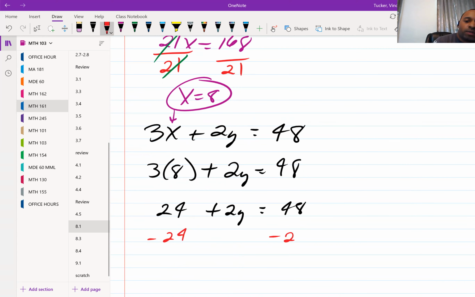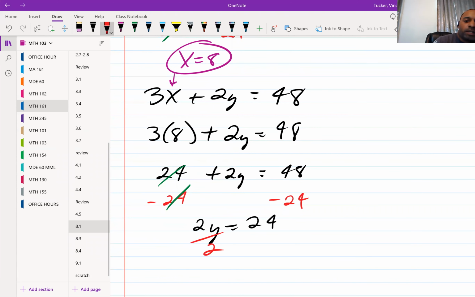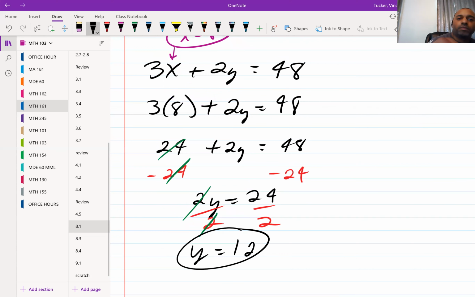Minus 24. That's 2y equal to 24. Divide by 2. Y is equal to 12. So my answer is going to be 8, 12.